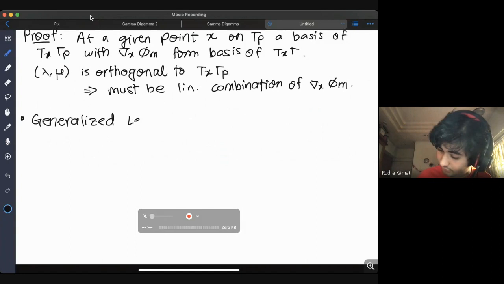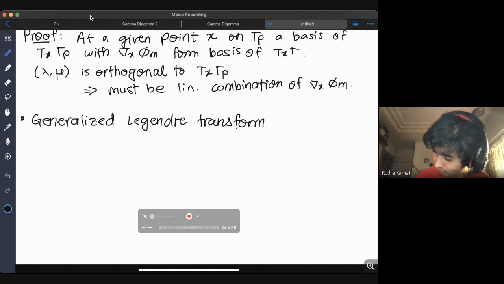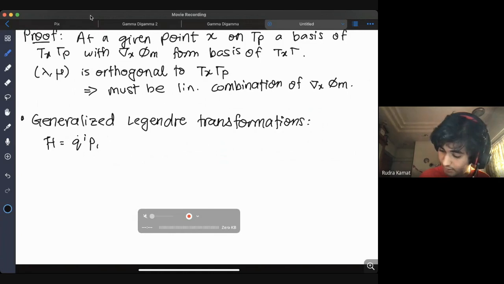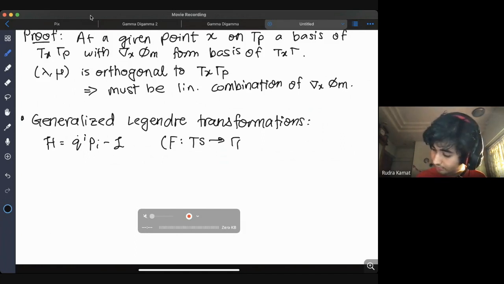Generalized Legendre transformation. So first we have the Hamiltonian as q_i dot p_i minus L, with the fiber derivative as a map from TQ, the velocity phase space, to gamma sub p.